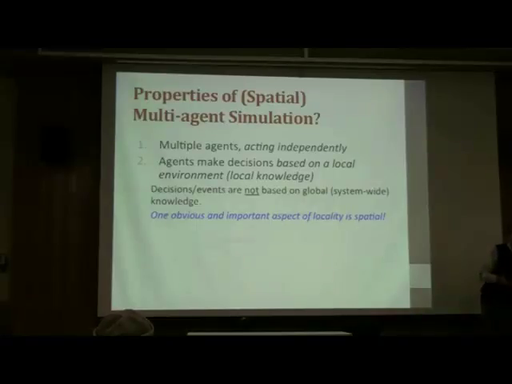Objects acting in space or in a geometric world, where their knowledge is based on some sense of proximity. Now, it's not the only definition of local. If you're a mathematician, you can have an abstract object like a graph. And a graph, abstractly speaking, does not exist anywhere in space. All you have are vertices and edges. So you could have some other non-spatial definition of locality. But spatial or geometric definitions of locality are the most natural ones.